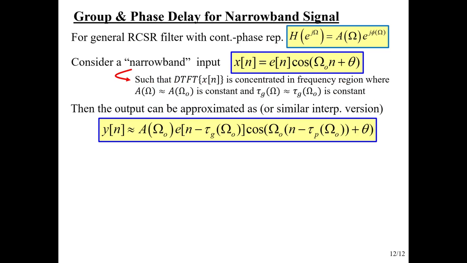We get something that looks like this. We get the tau sub g evaluated at omega 0 and tau sub p evaluated at omega 0. I misspoke. I'm not saying that this thing is a constant. I'm just saying we're going to evaluate this function at that frequency. Then that shows up here and that shows up here. If we were to use a different omega 0, we would get a different group delay.